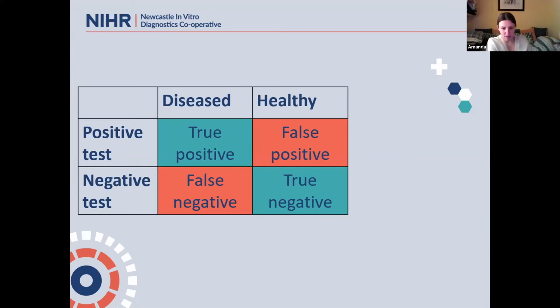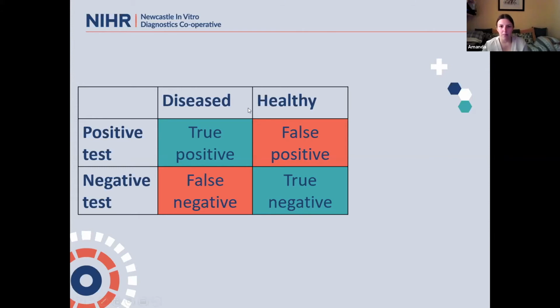So back to our 2x2 table. We find that a much more helpful way to understand what tests mean to a clinician, to a doctor in a clinic, is to think about the tests in a real life scenario. And to do this, we use something called predictive values.